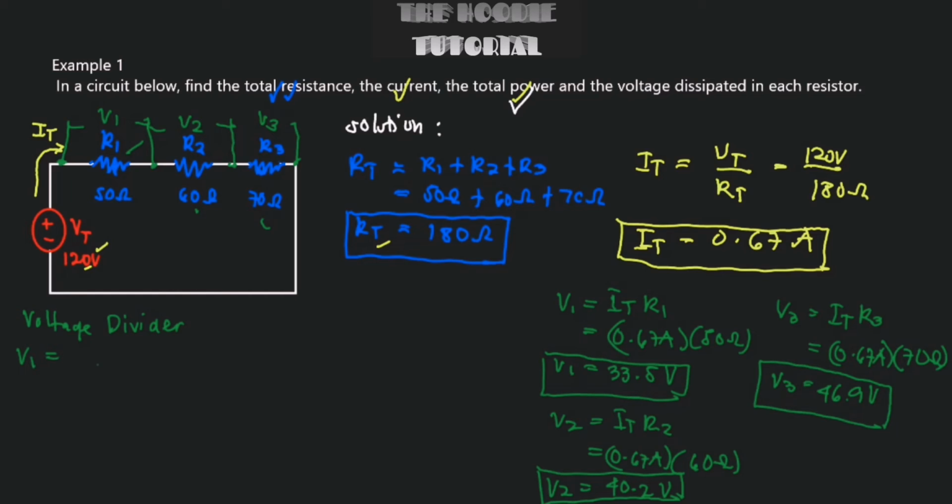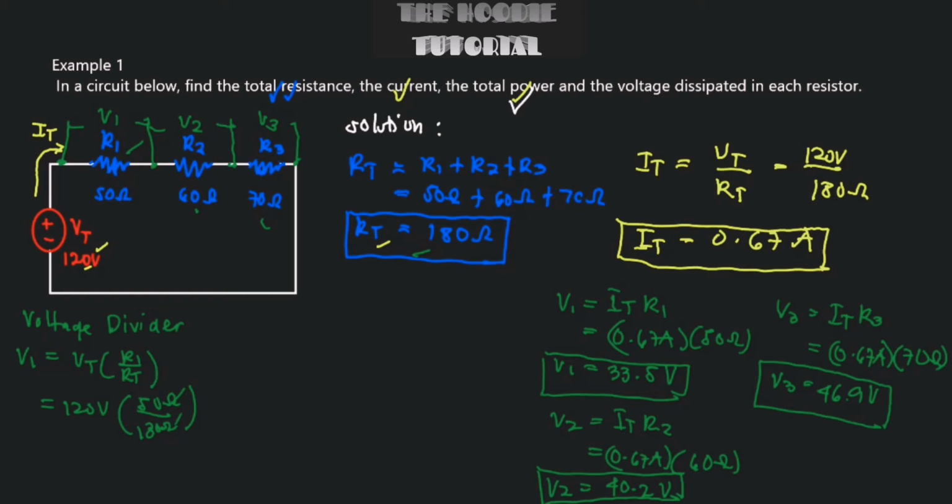V1 would be equal to VT multiplied by R1 divided by RT. That would be the formula. So we have 120 volts for VT multiplied by R1, which is 50 ohms, divided by the total resistance, which is right here 180 ohms.